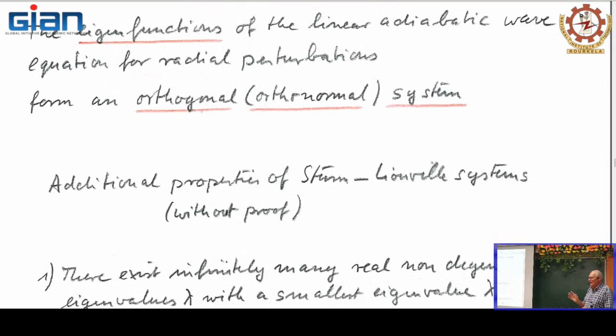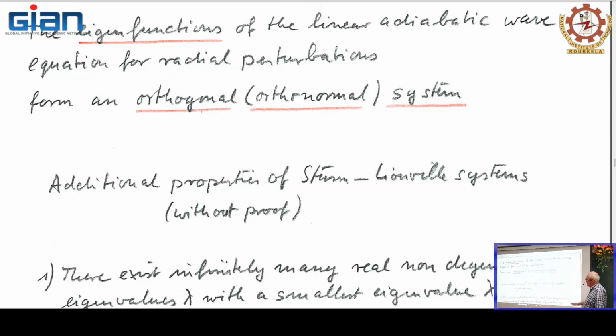Now I would like to comment on some additional properties of the linear adiabatic wave equation for radial perturbations, but without proof. I will resort to the standard results known from the mathematical studies of Sturm-Liouville systems. There are many theorems about Sturm-Liouville systems.